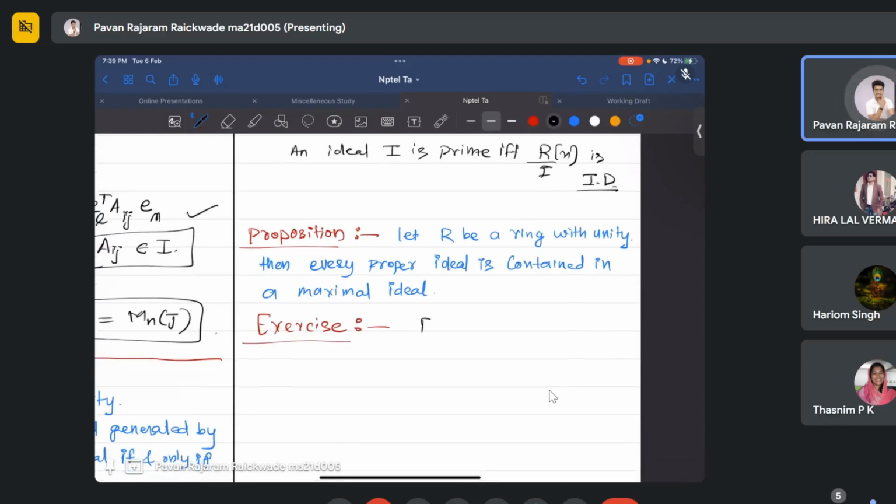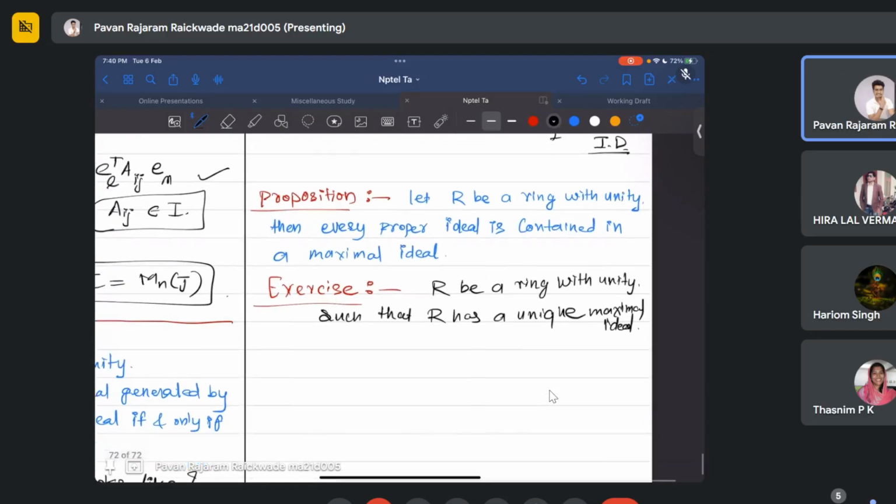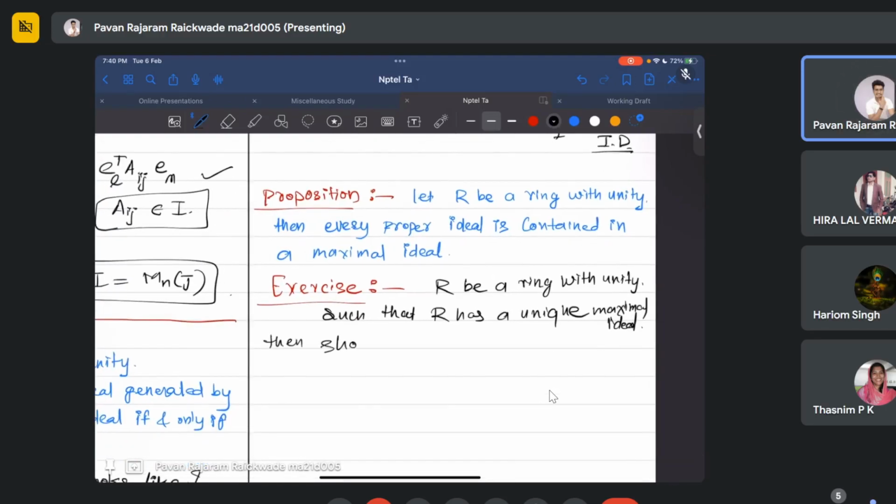Okay, same R be a ring with unity such that R has a unique maximal ideal, then show that for every x which belongs to R minus M, where this M is the unique maximal ideal, x is a unit.